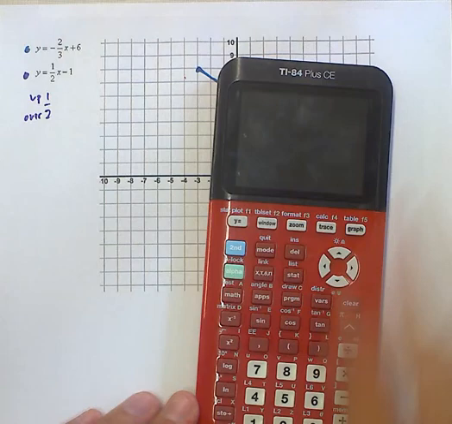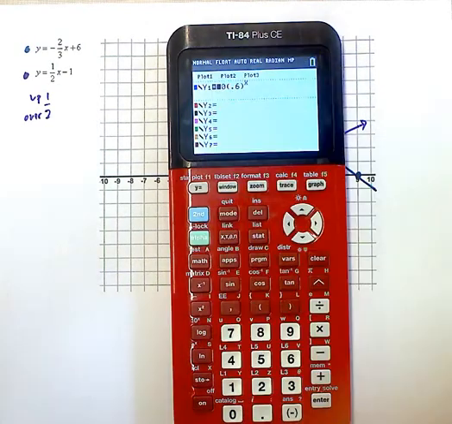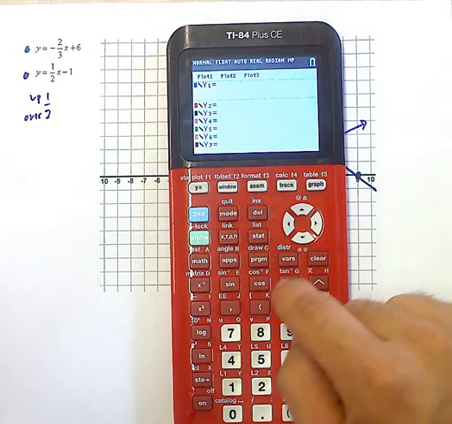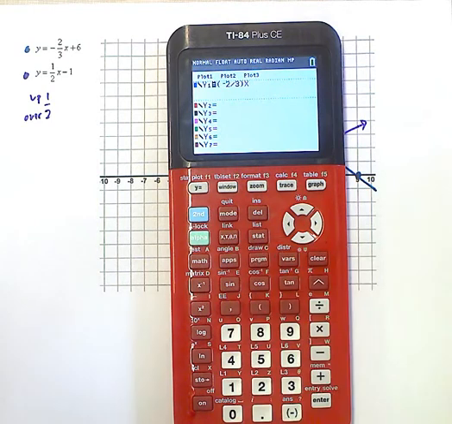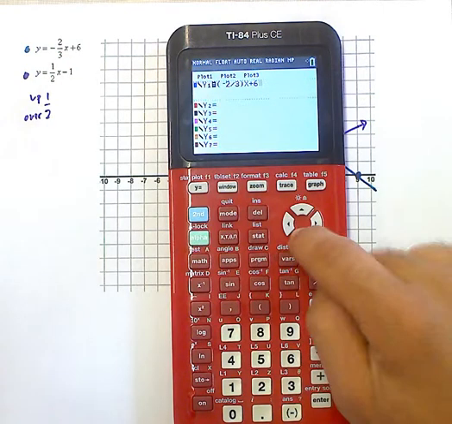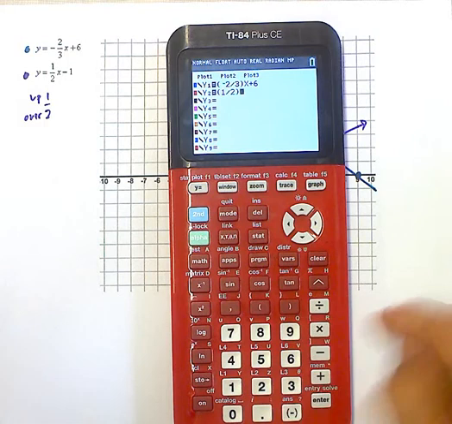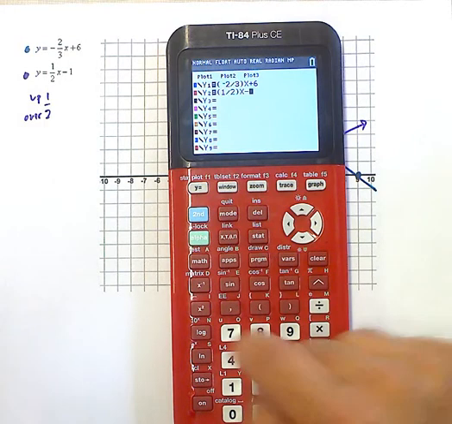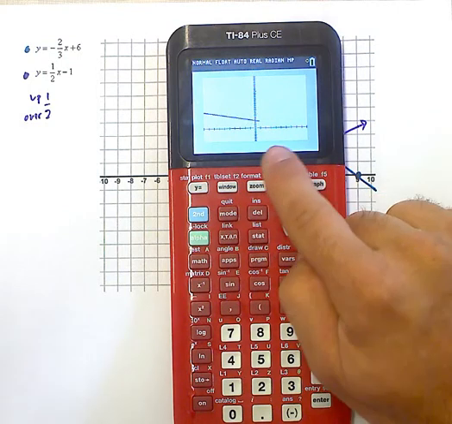But let's take a look at something else here. We like to take a look at this wonderful calculator, in which I could plug in negative 2/3 x plus 6. That's my equation here. I could also look at this second line here, 1/2 x minus 1. I could graph both of these lines. Look what happens here.